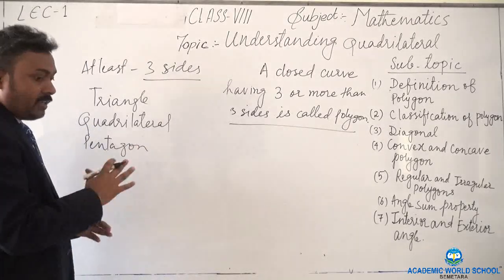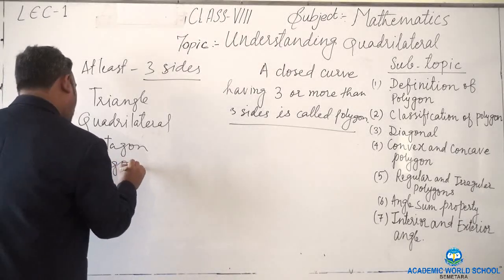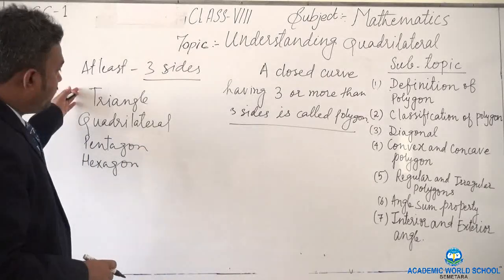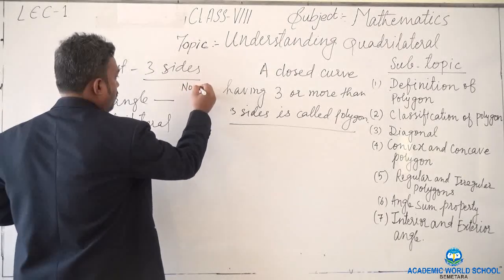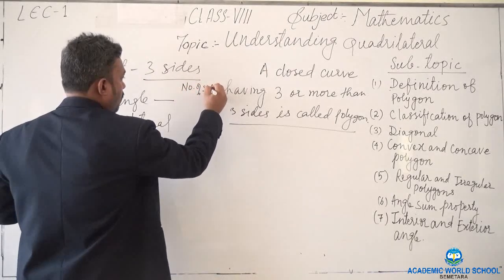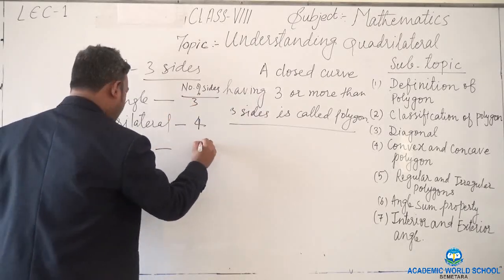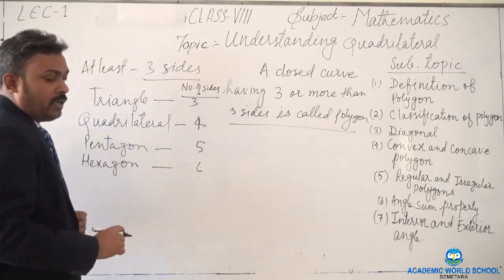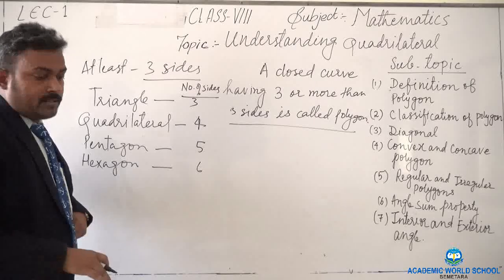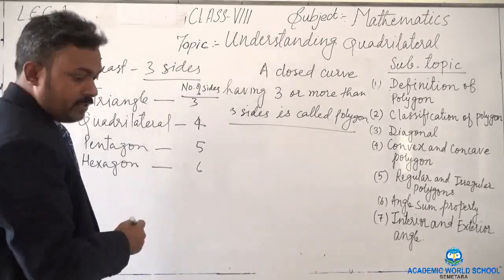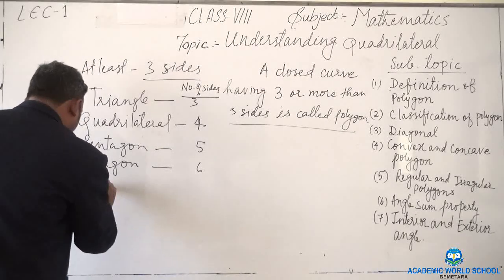If it has 6 sides, it is a hexagon. If a polygon has 7 sides, it's a heptagon.